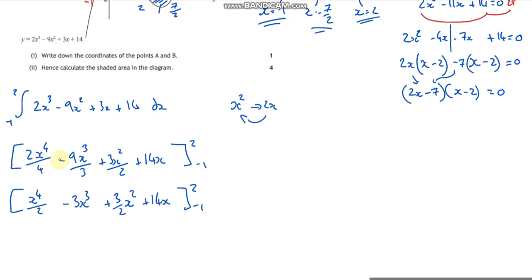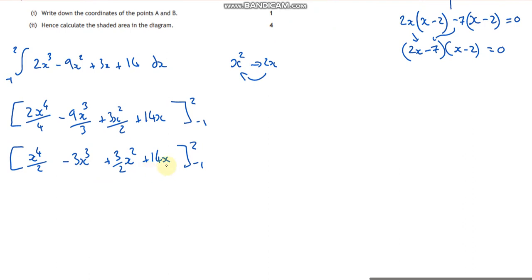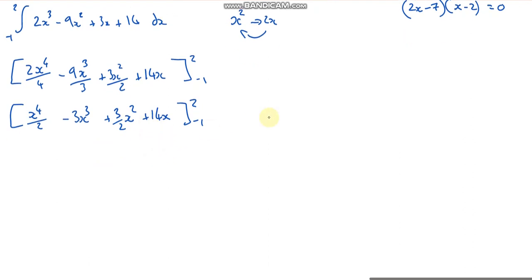So that sounded nice, and then it's all about the substitution. So let's put in, again, this should be about the right size. And don't forget you're taking away, okay, so substitute in there. So I'll call that 2 to the 4 divided by 2, take away 3 times 2 cubed, plus 3 over 2 times 3 squared, plus 14 times 2.